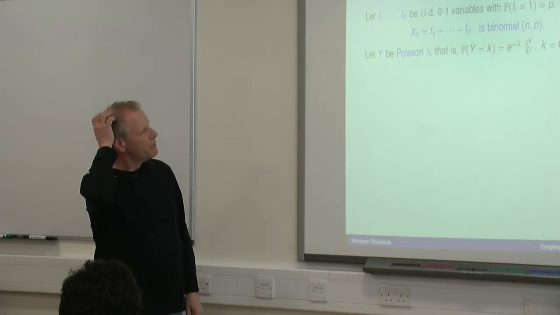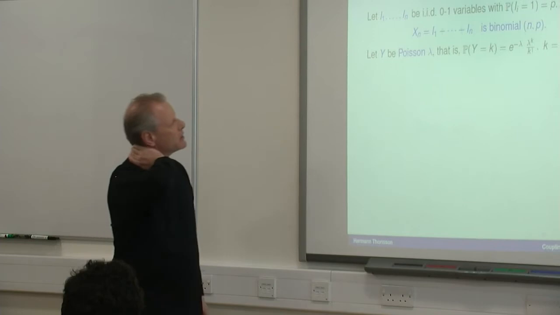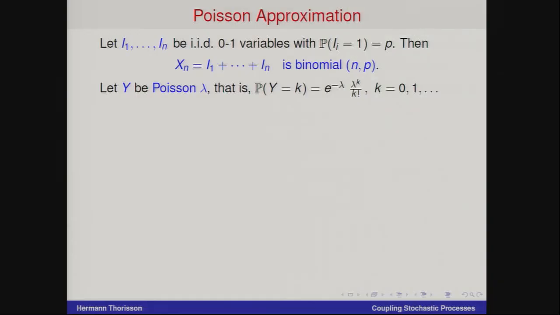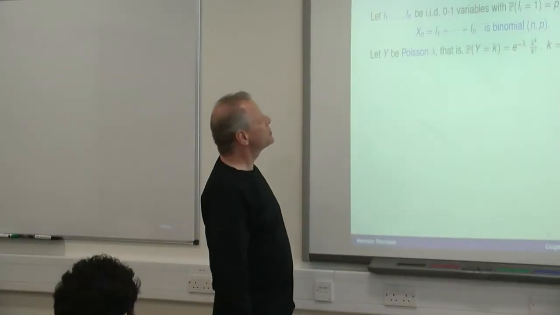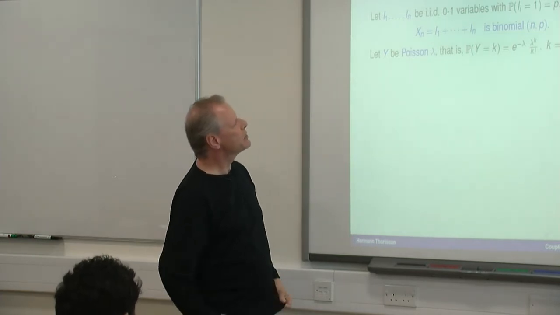This is in all such books. And what does this say? Let these I's here be 0, 1 variables or Bernoulli variables with parameter p, probability of having 1.